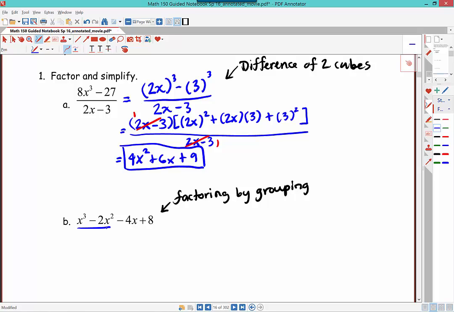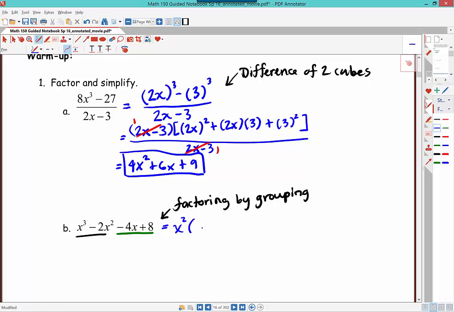But here we've got two sets of 2 terms that we can look at. So if you look at the first group, actually let me do that in a different color since I write in blue. All right, so this will be black. What can I factor out of the black group, the 2 terms I underlined in black? Great, an x squared, and then we're left with x minus 2.